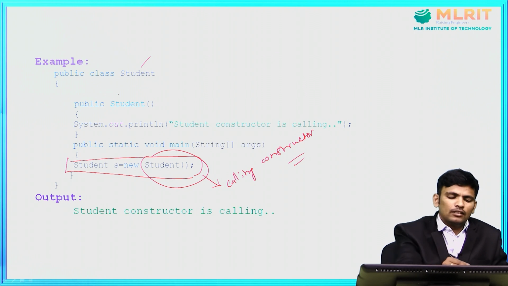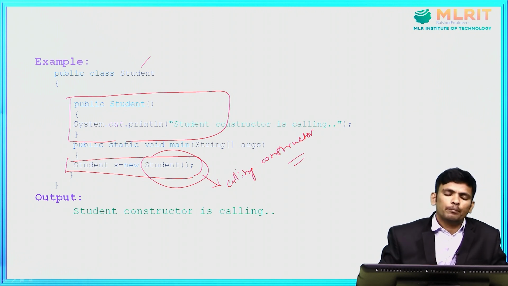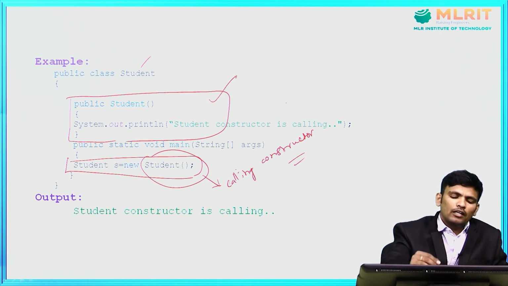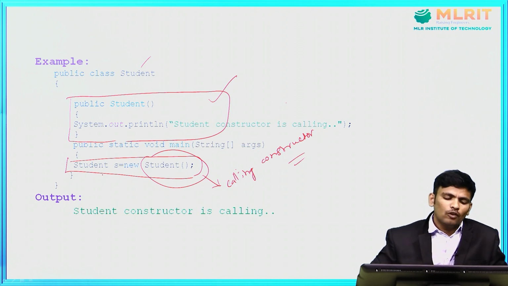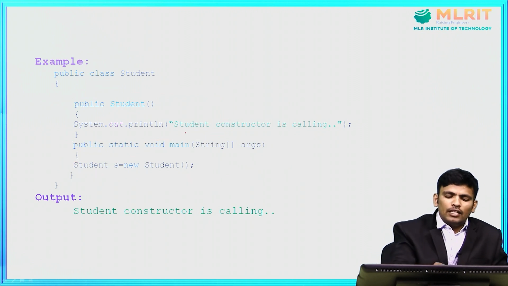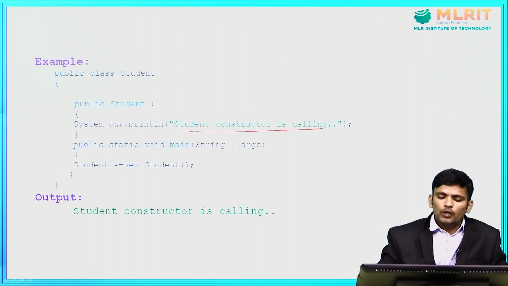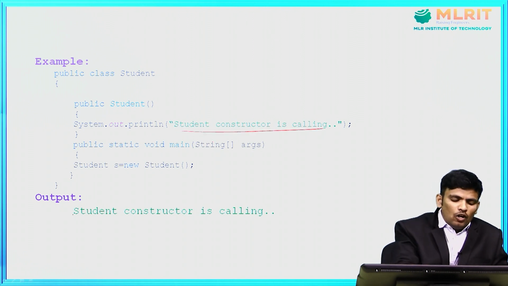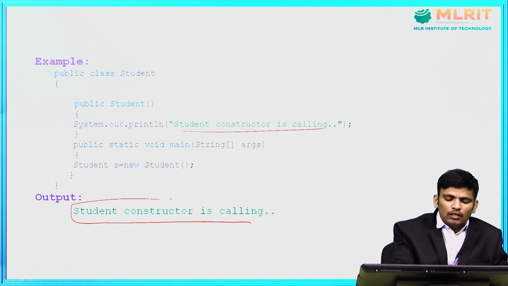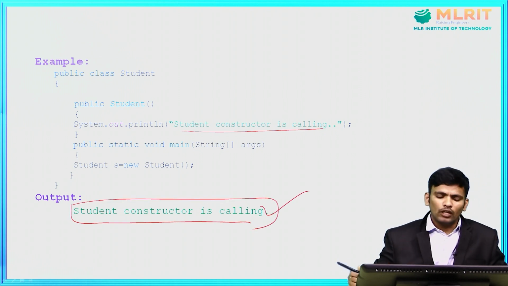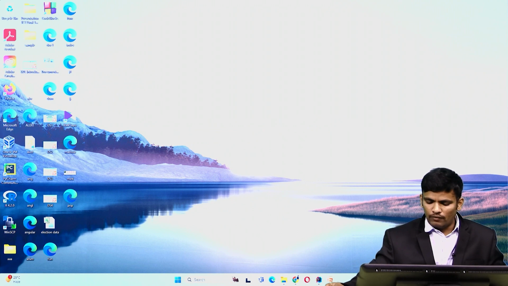This class has only one constructor, that is the zero-argument constructor. While object creation itself, the constructor will be called automatically. Inside the constructor I added a print statement, so the output will be "Student constructor is calling", printed automatically. I will explain the same point programmatically.